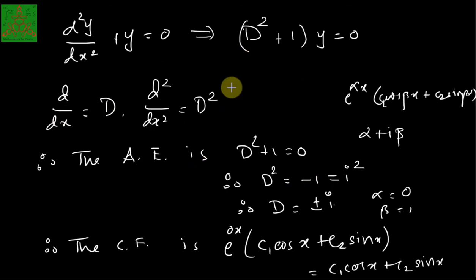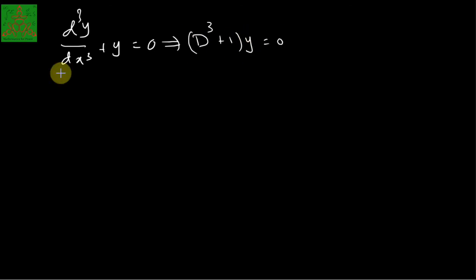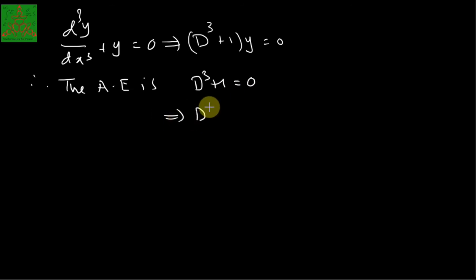That is the solution for the differential equation. For this, let's have the next example. Let us take this equation d cube y by dx cube plus y equal to 0. If we write this in D form, it is (D cube plus 1) y equal to 0. Therefore, the auxiliary equation is D cube plus 1 equal to 0. That implies D cube plus 1, which we can factorize as a cube plus b cube, that is (a plus b)(a square minus ab plus b square).